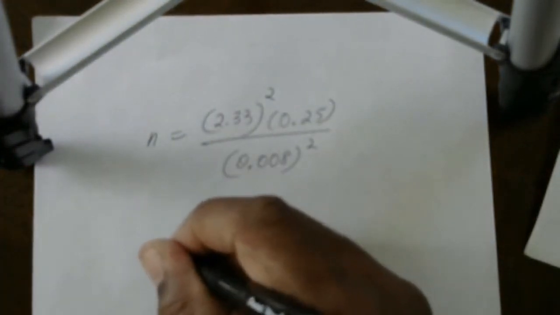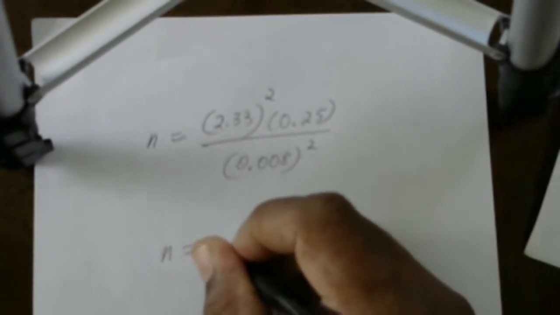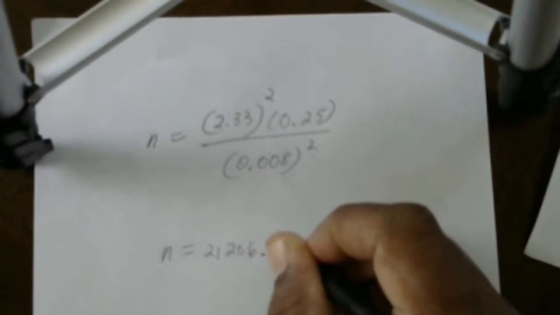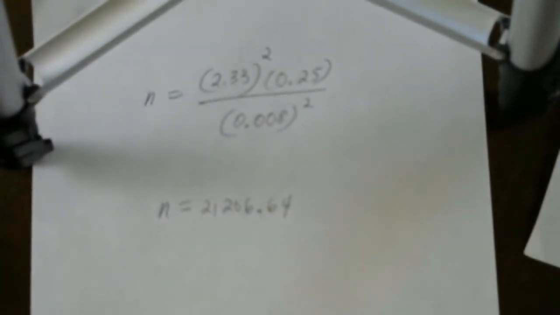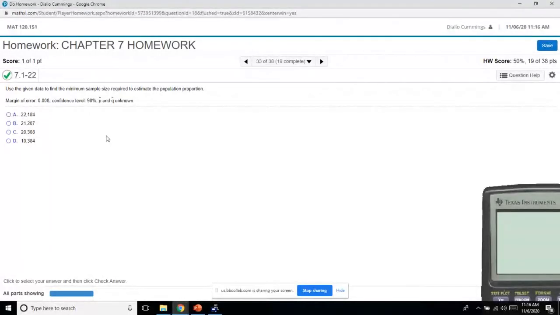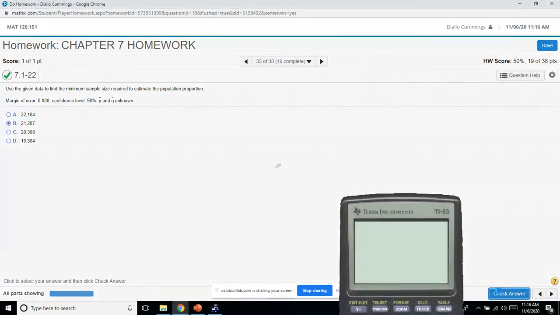And we have a required sample size of 21,206.64. If I go back to our problem, we want to round to the nearest whole number, so we would have 21,207.